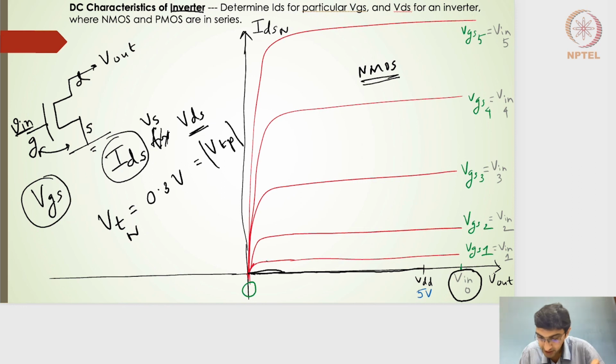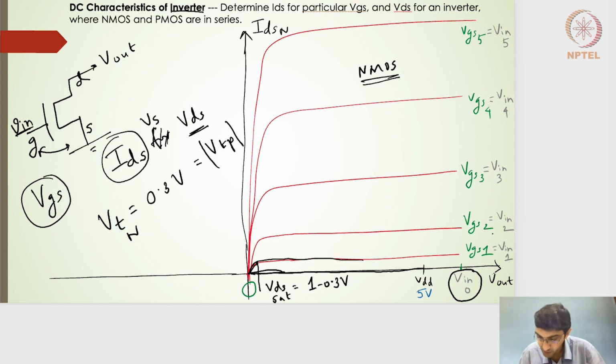So up till this particular value, which will be VDS saturation, which is nothing but 1 minus 0.3 volts, that means 0.7 volts. Up till that it will be linear, and after that it will be saturation.